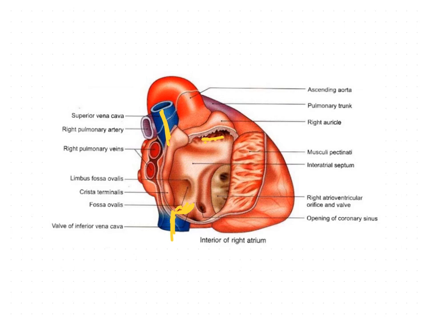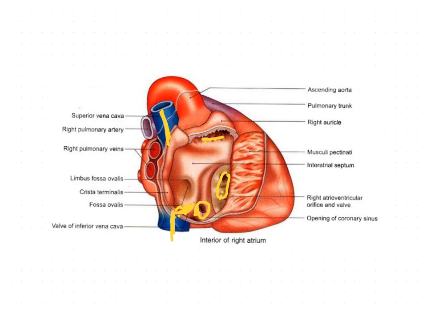Another opening is the coronary sinus. The coronary sinus opens between the opening of the inferior vena cava and the right atrioventricular orifice. So this is the right atrioventricular orifice, and this one is the inferior vena cava opening. In between these two openings the coronary sinus opening is present, and it is guarded by a valve.